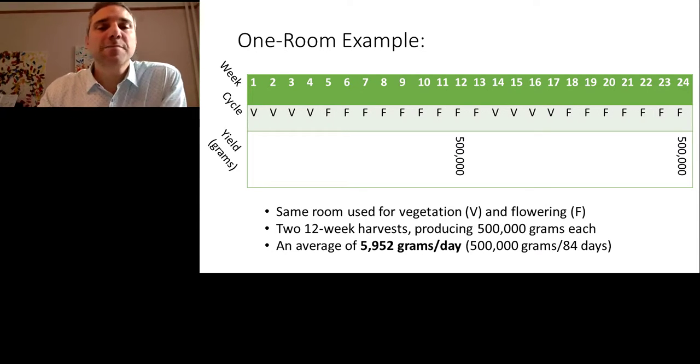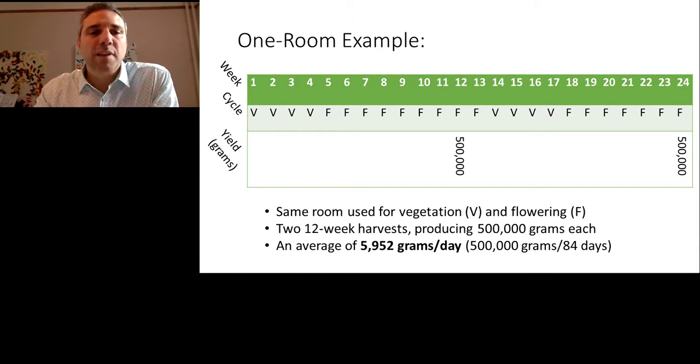So here I made a simple table, and it shows 24 weeks of growth. The top row shows the week. The second row shows the cycle that the room is being used for. You see that for the first 4 weeks, the room is being used for vegetation.